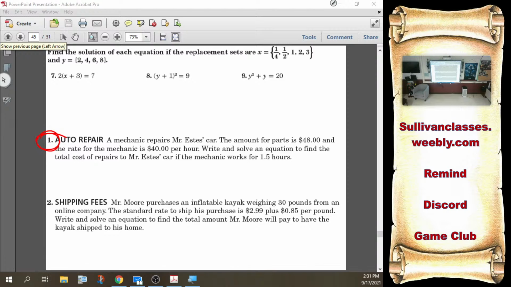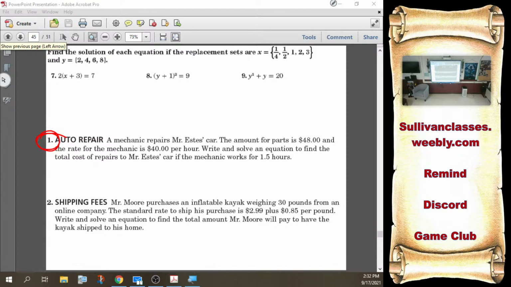Wait, so I know how to do this, but did I set the equation right at least? Well, 40 per hour. Per usually means times. So 40x. And then you got to pay for the parts, which is 48. Now, it's not equals this. It says... So equals, it'd be like your 5 hours. Nope.